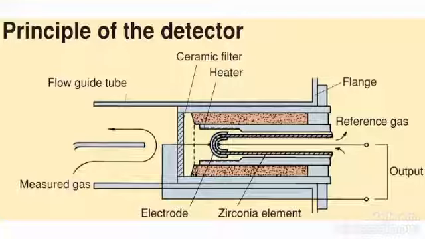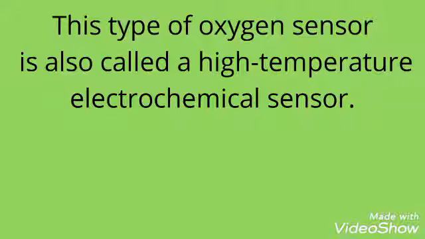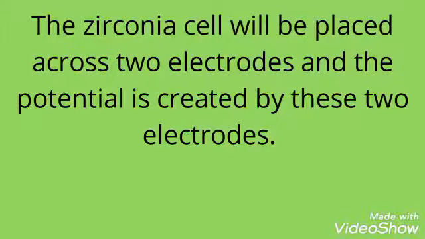Here you can see a porous zirconia is used and there are two electrodes, one facing the atmosphere and the second facing the sample gas. So there is a difference of concentration, and there should be a high temperature, almost 800 degrees centigrade. This will ionize the oxygen.